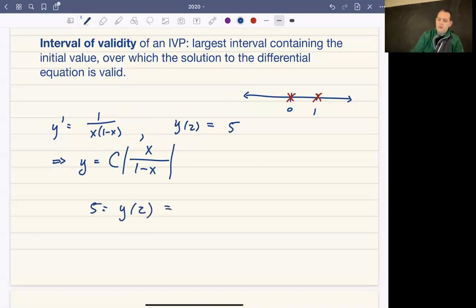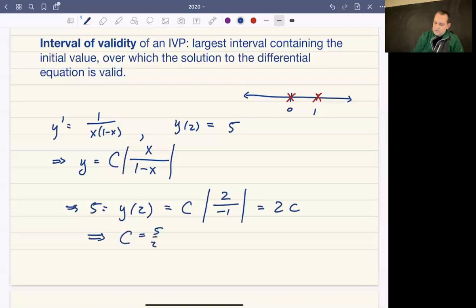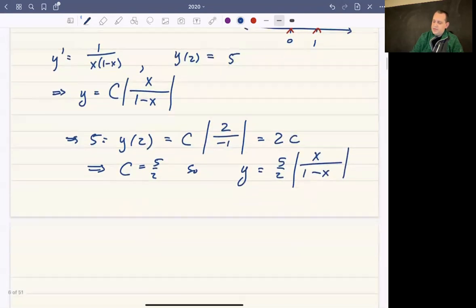On the other hand, if we plug in 2 for x, what we get is c times the absolute value of 2 over negative 1, which is just 2c. And so that tells you that c is going to be 5 halves. So y is going to be 5 halves times the absolute value of x over 1 minus x. And this is going to be our solution.